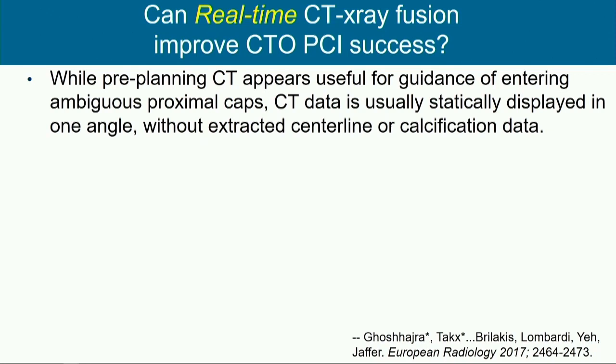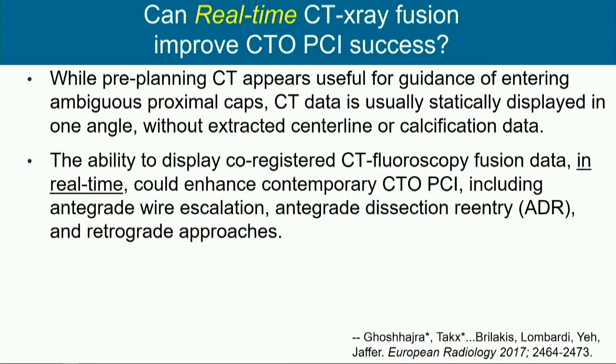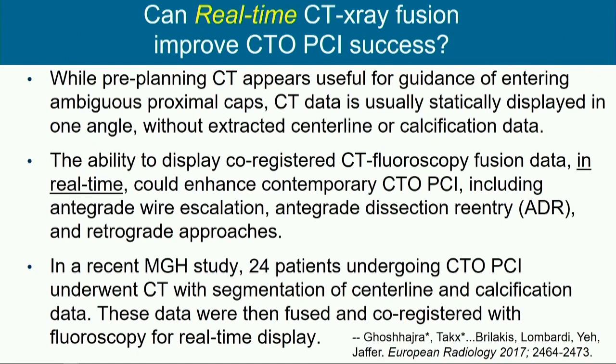So we initially did a small study, trying to understand whether, if we did real-time display of the CT data, extracted the center lines and calcium, and placed them on top of the X-rays, we could do a better job understanding more complex CTO subsets. We did this initially in about 24 patients.